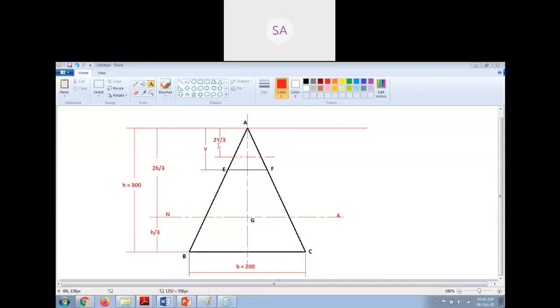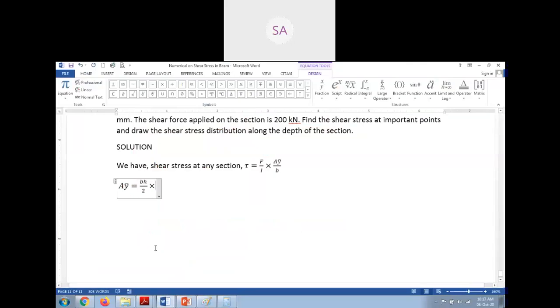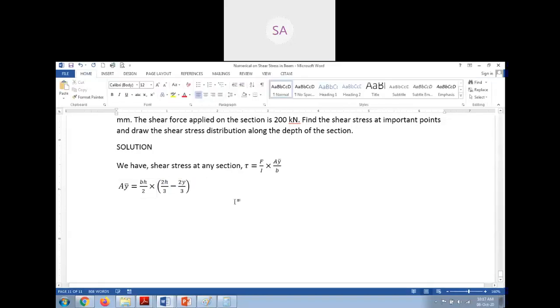So this will give me the height here. So let me just put that in that equation. So I will put a large bracket there. So it is 2h by 3 minus 2y by 3. Is that okay?